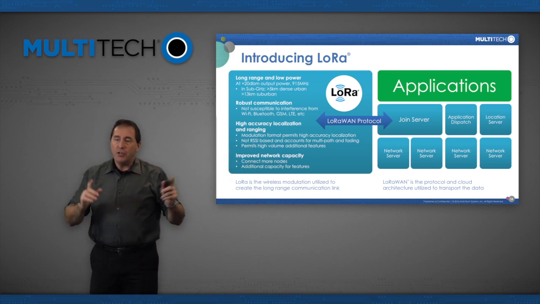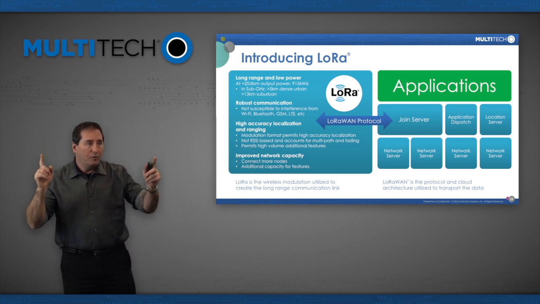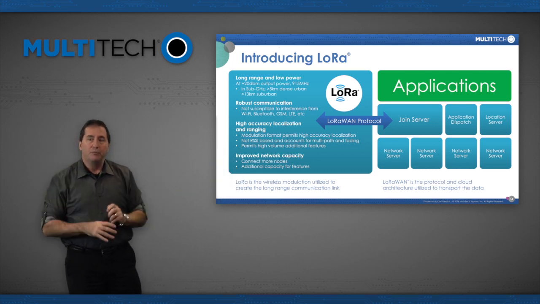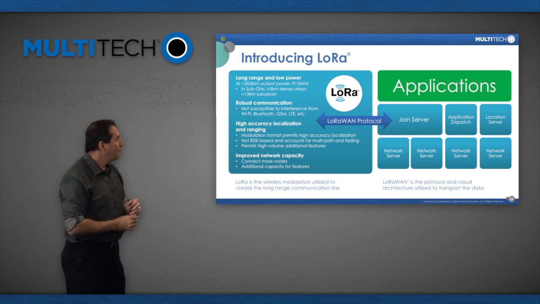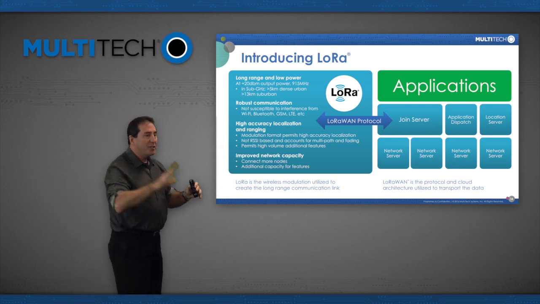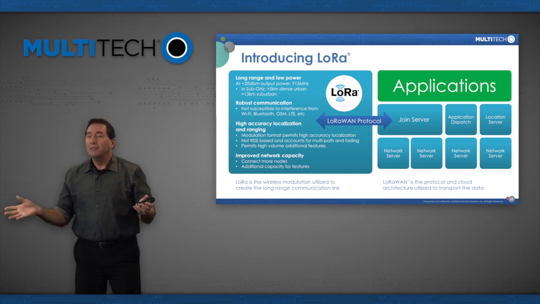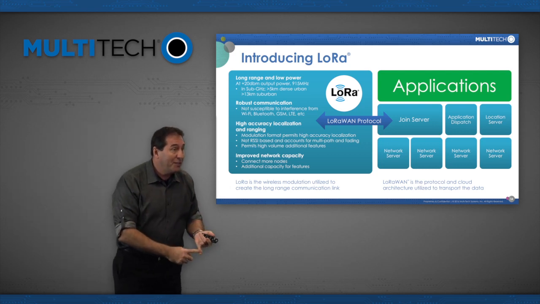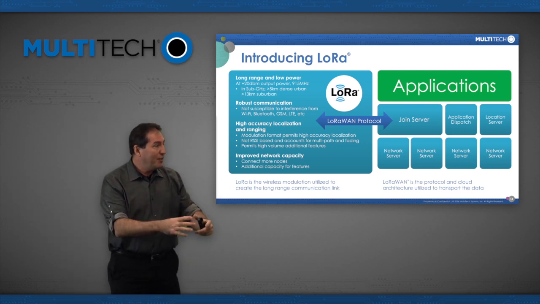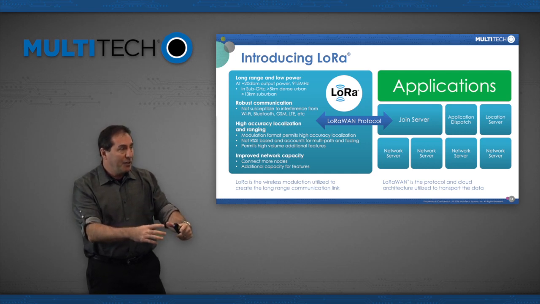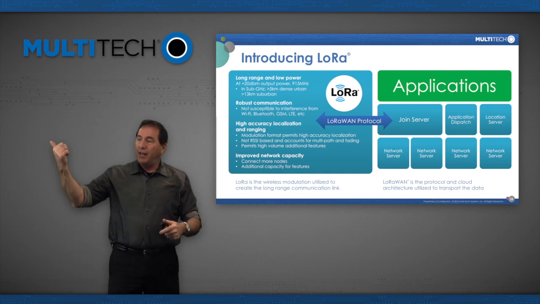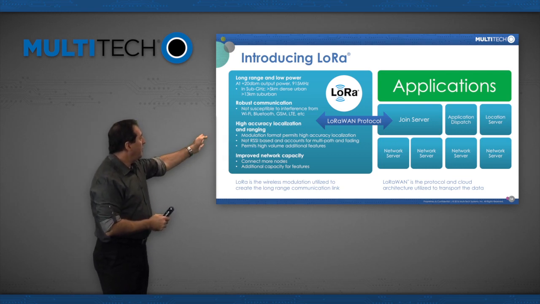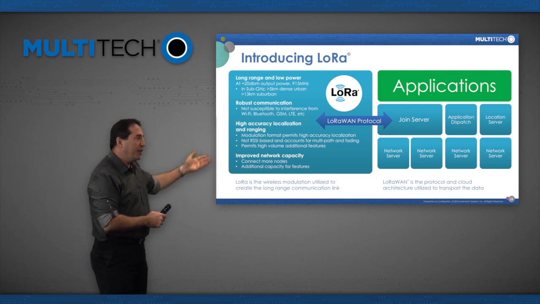So conceptually, the LoRaWAN protocol connects the endpoint to the network server. That's all it does. This network server can actually be anywhere. It's on the network. So we put it in our conduit. We allow you to make a private network with a network server in the conduit, or we can put it up in the cloud. In either case, it is managing this communication channel with the endpoints.